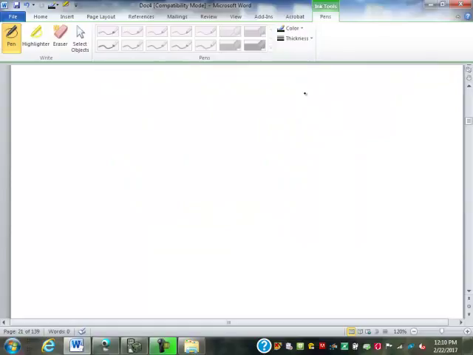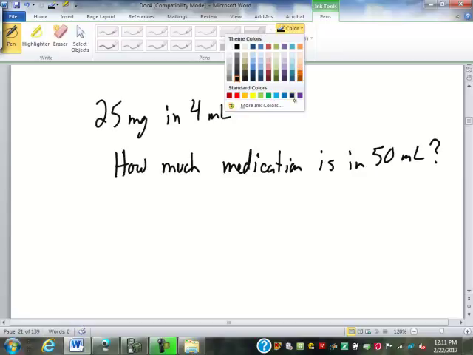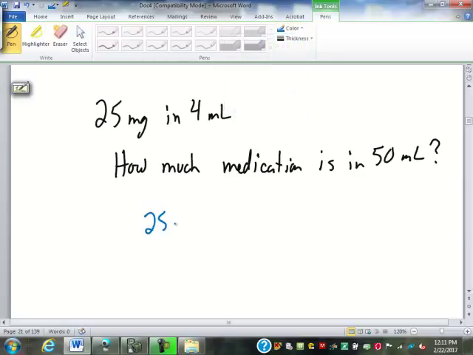Or we might look at a drop. Let's say we have a solution that is constituted as 25 milligrams of medication in 4 milliliters of solution. And I want to know how much medication is in 50 milliliters. Well, again, I have that rate this time of 25 milligrams in 4 milliliters.